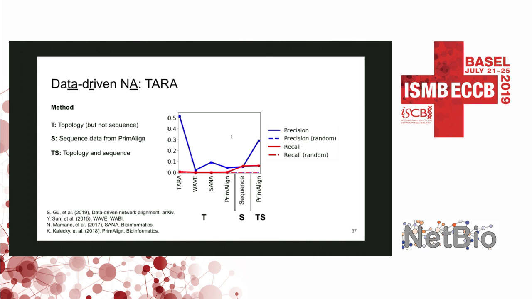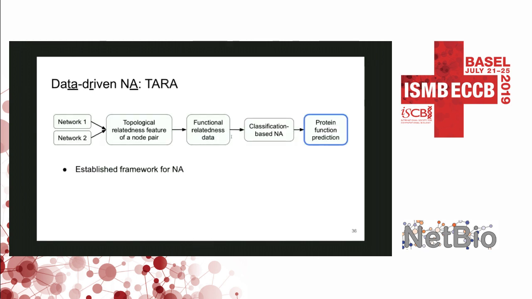Can you give us a little bit of information about the complexity of your method? Right. So I guess there are a couple parts. One is actually getting the features of the node pair. To do that, we count graphlets.